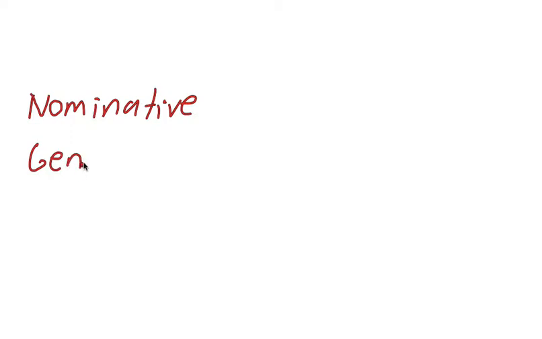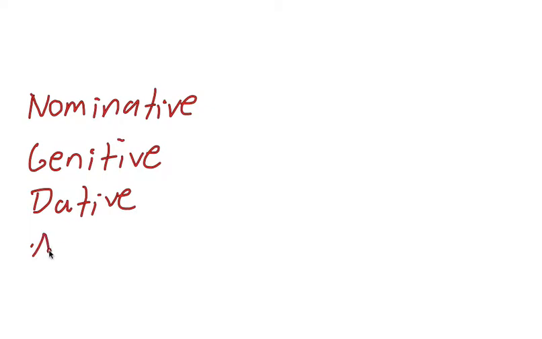The first thing we're going to do is set up what we call the 5 cases, and as we talked about in class, we have 5 principal cases in Latin: first nominative, second genitive, then dative, then accusative, and finally ablative.